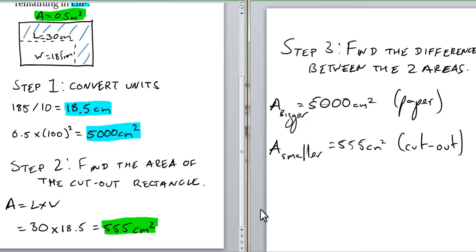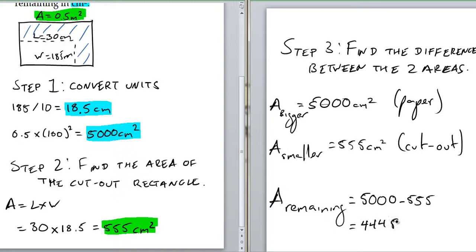So then our area remaining is just equal to what we started with, 5,000 minus 555. And that will give us an answer of 4,445 centimeters squared. And that's our answer.